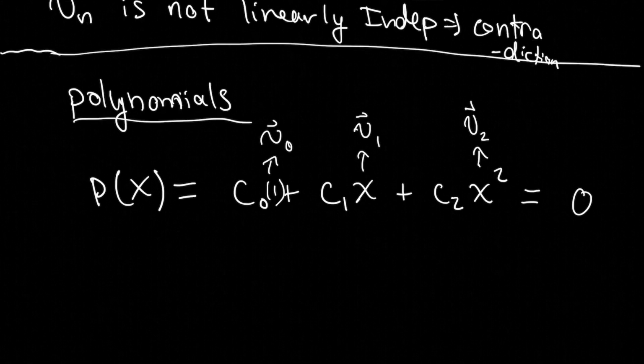So I think intuitively you might be able to see that the only way to get a polynomial that is exactly 0 for all values of x is to set all of the coefficients equal to 0, but I'm going to go through it anyway just to make sure it's clear. So if c2 is not equal to 0, you know that this function will have a value that changes as x changes. And it'll change in a particular way with a changing slope.